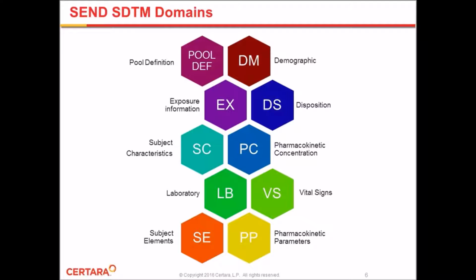We're going to concentrate on 2, maybe 3 domains as part of this discussion. If you're doing PK work, then the 2 domains that would be of interest to you in providing to your submission group would probably be the pharmacokinetic concentration domain, the PC domain, and the pharmacokinetic parameters domain, the PP domain, which are essentially your derived parameters that come from here. There might be an additional domain that you would need.